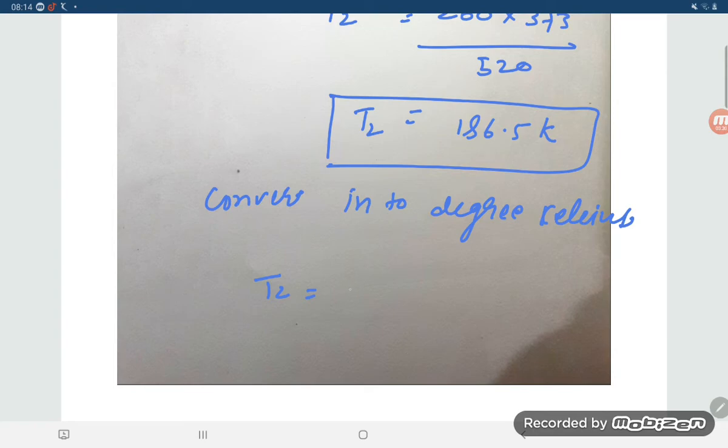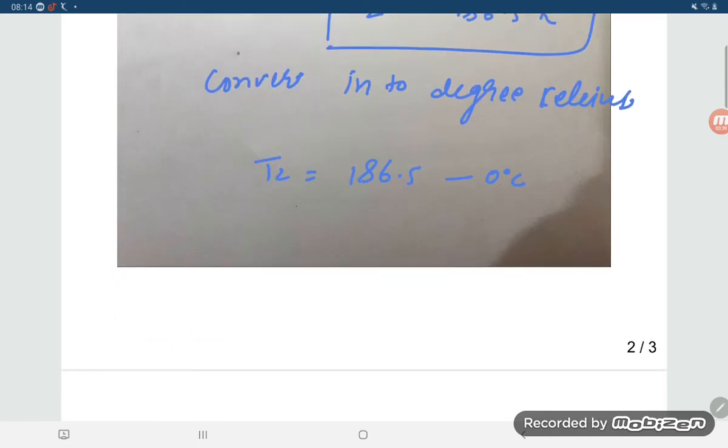So 186.5 minus 273. This gives the total value in degrees Celsius. How much is it? Minus 86.5 degrees Celsius.